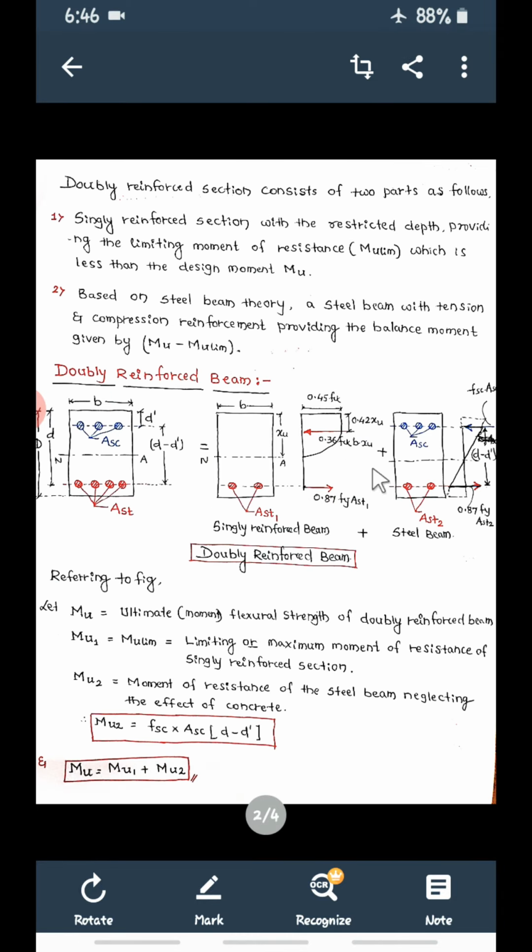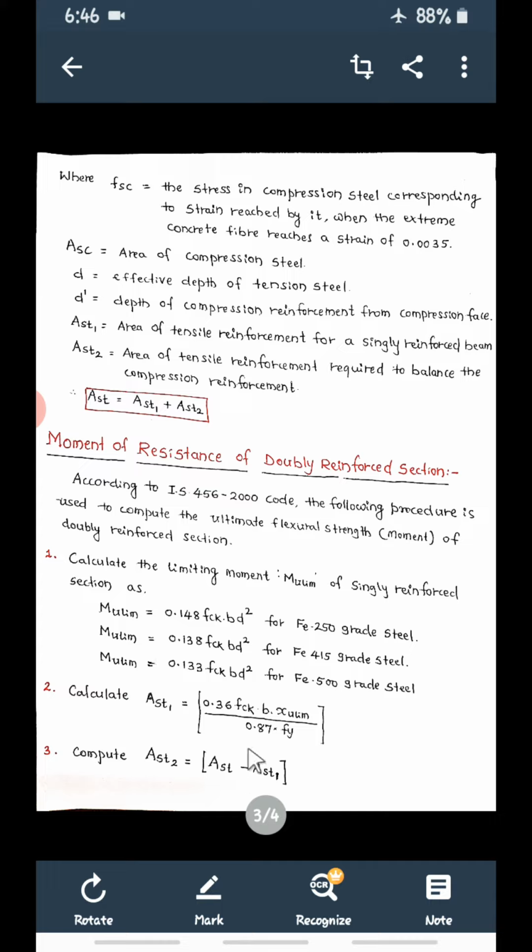Here xu means we are providing the limiting moment of resistance, the maximum moment of resistance. So this xu becomes xu limit. So equating these two, we can calculate Ast1. Therefore Ast1 is equal to 0.36 fck b into xu limit divided by 0.87 fy.